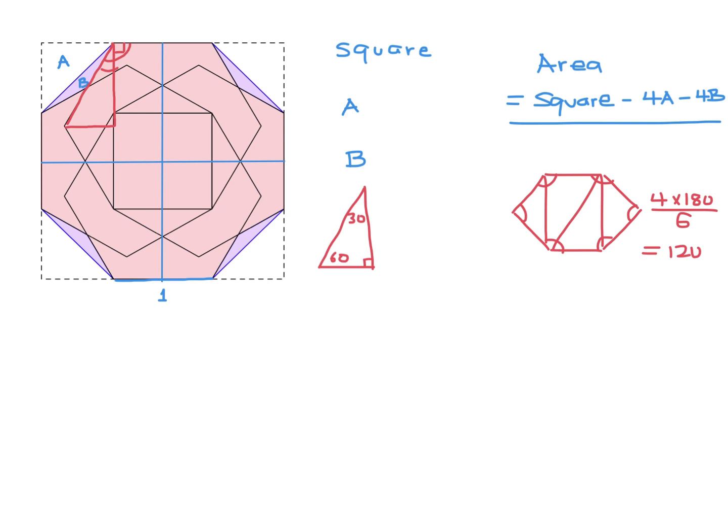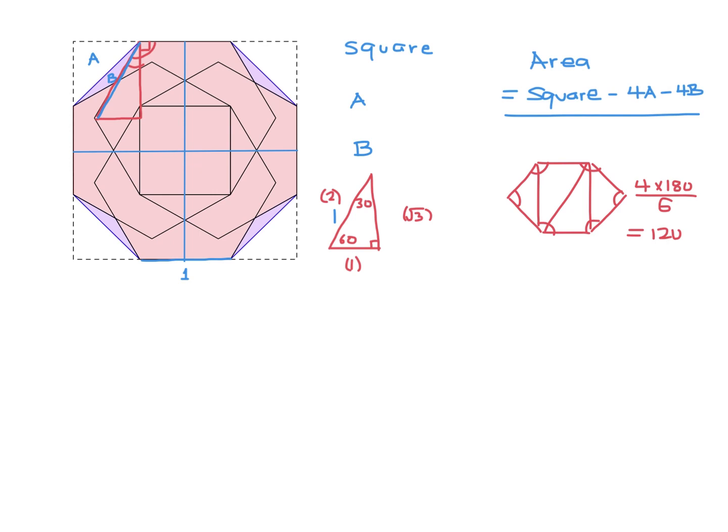So it's one of those famous 30, 60, 90 triangles. And as you know, the ratio of the sides are 2, 1, and root 3. Now the good news is we know that this side here, right there, is equal to, I believe they gave it to us, 1. That's actually given in the question. So therefore, we can easily calculate the lengths of the other sides of that triangle.